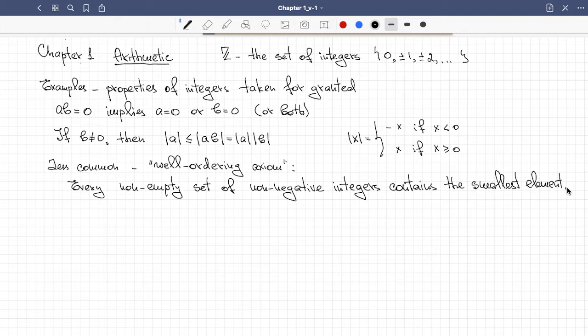One can reformulate that using some notation. Here is a reformulation. We denote by N the set of non-negative integers. These are integers which are bigger or equal than 0.